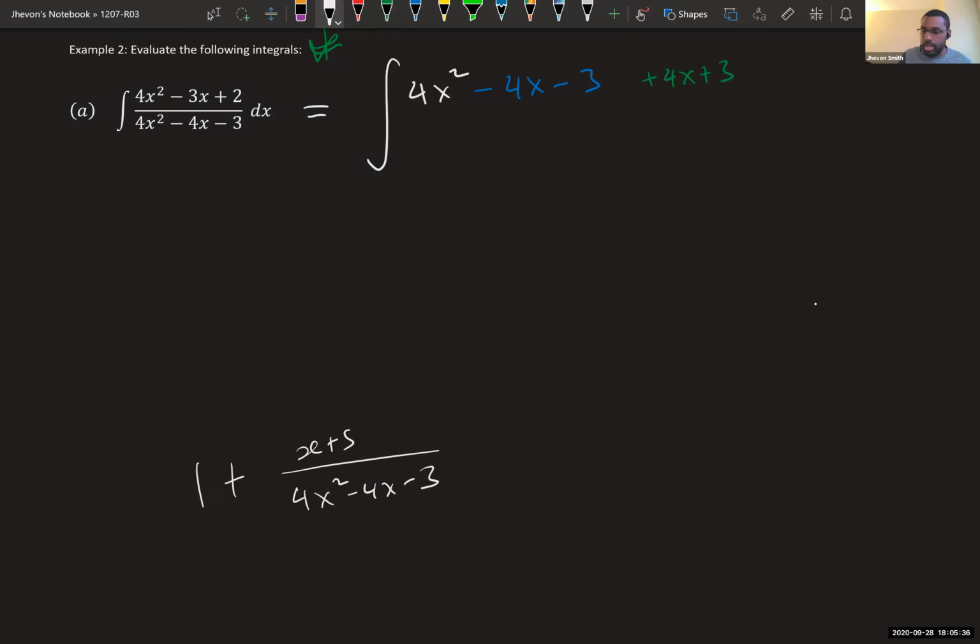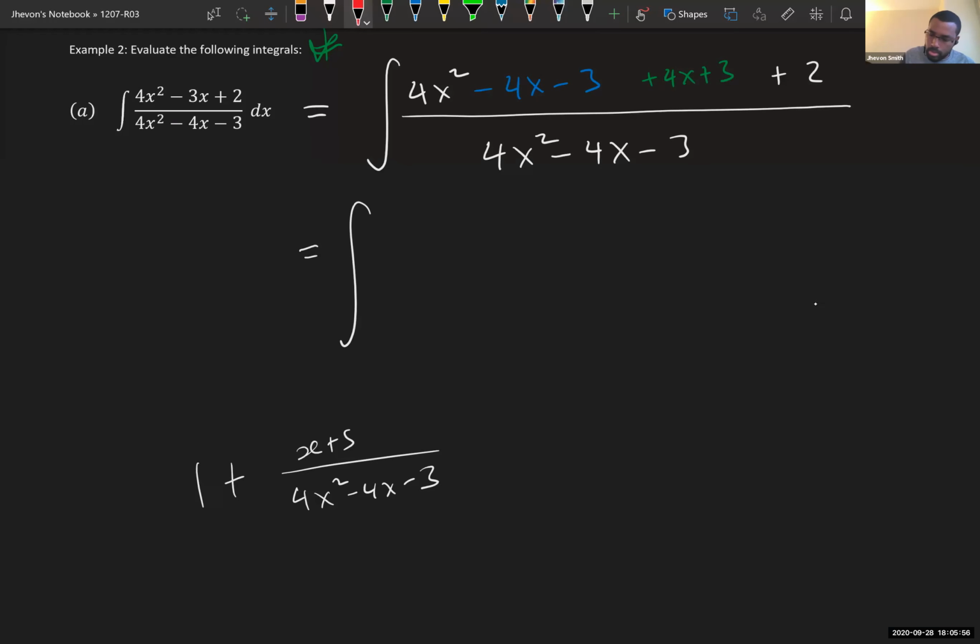So I'm not changing anything. And that last part you can do in your head. You can just add it to 2. But the idea is I want the denominator in the numerator, right? So I add and subtract whatever I need to actually get that in the numerator. So now what's going to happen is this first part is going to combine to give me a 1.